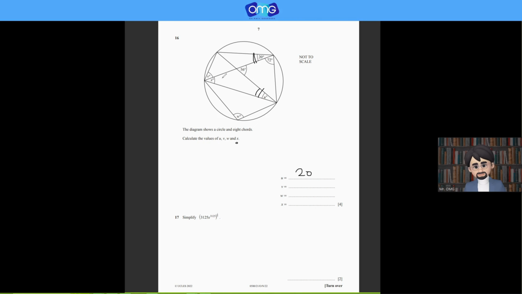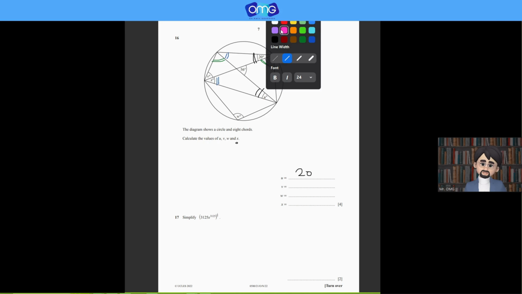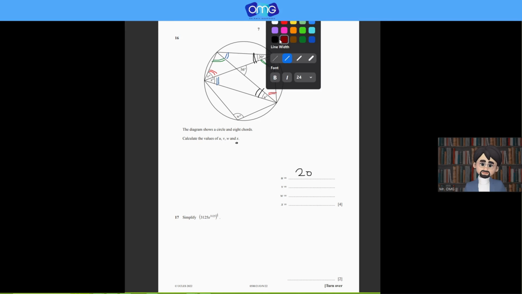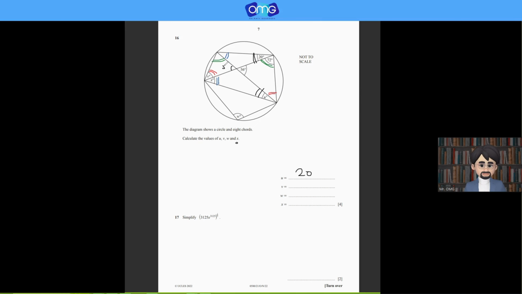How about the others? This also equals this. Let me give you another color. Let's use blue here. This must equal this by the circle theorem. This equals that, and v equals this thing, which equals that. And I also believe this is 56, vertically opposite.